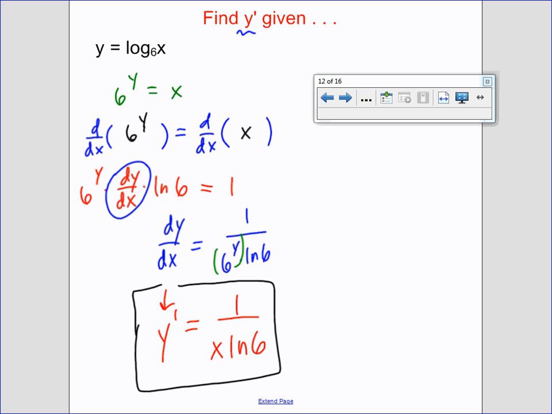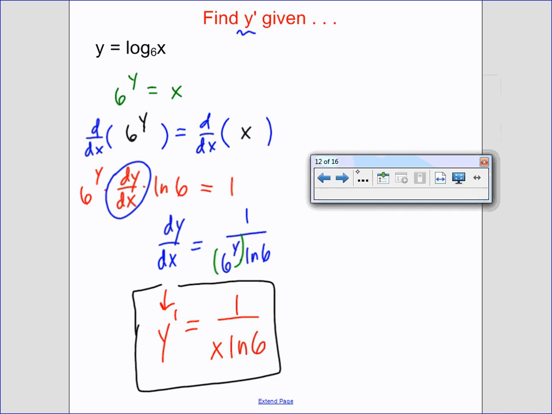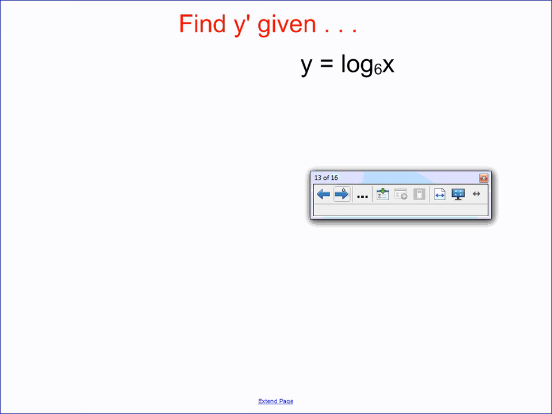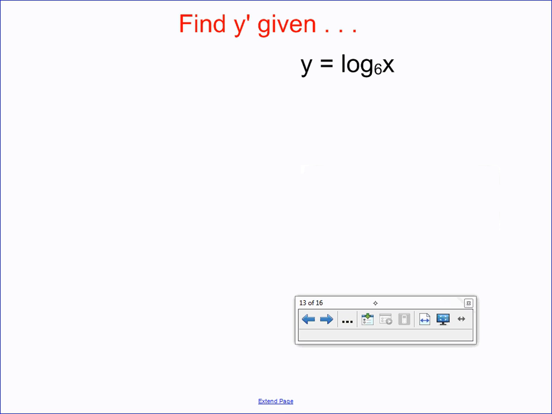I had to use the chain rule, and it was much easier, we saw, if we instead rewrote this using our change of base formula. Logarithmic properties made the calculus here easier. So chain rule was the first way, not chain rule, but change of base will be our second way, and I think that's going to be much easier.